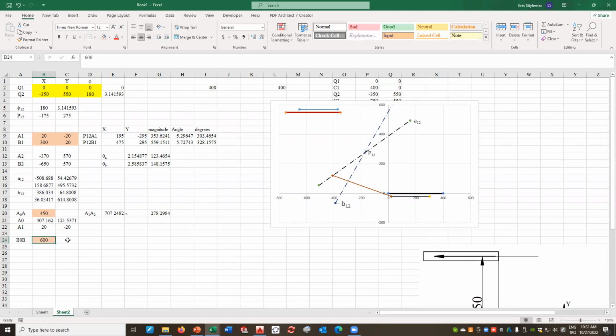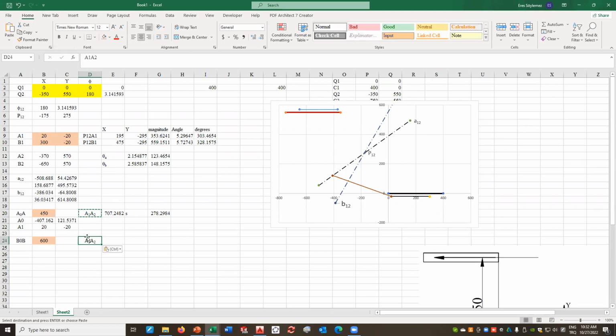I'll show you how to change these in a minute. And then B1, oh, sorry, I'll cheat a little. Control C, Control V. This is easier. B, B1, B2.